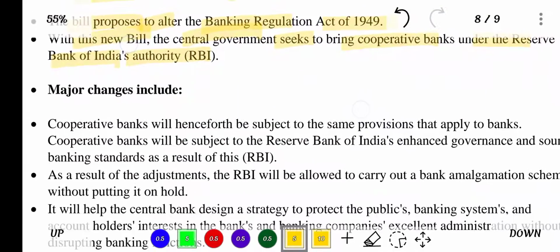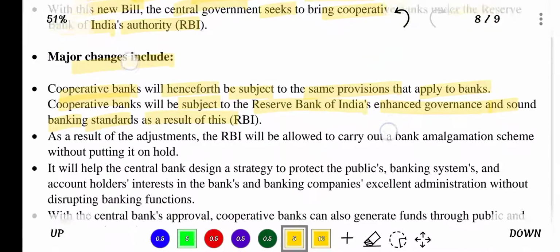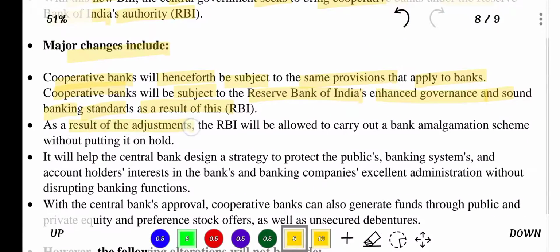So the major changes include: cooperative banks will henceforth be subject to the same provisions that apply to other banks. Cooperative banks will be subject to the Reserve Bank of India's enhanced governance and sound banking standards as a result of this. As a result of the adjustments, the RBI will be allowed to carry out a bank amalgamation scheme without putting it on hold.